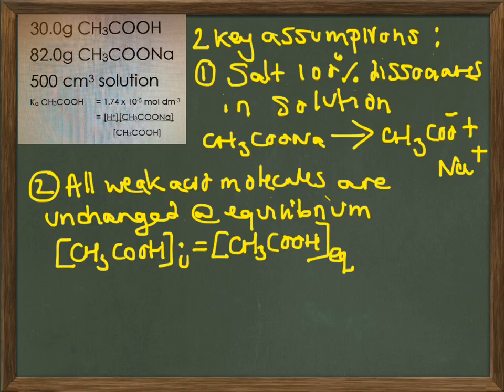And that does tie in with the definition of a weak acid, in the sense that the equilibrium for a weak acid lies far to the left, rather than in the case of a strong acid like HCl, where the equilibrium lies all the way over to the right. You can see that by just looking at the Ka there. It's 1.74 times 10 to the minus 5, far over to the left, a lot less than 1.